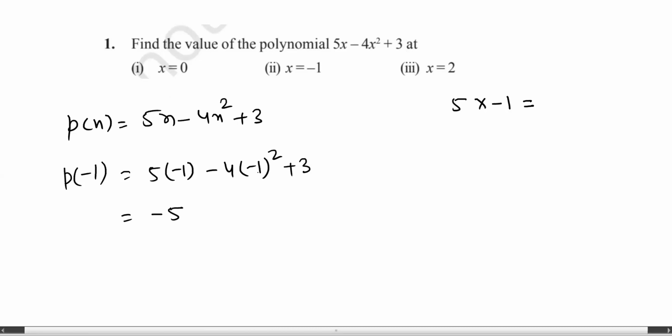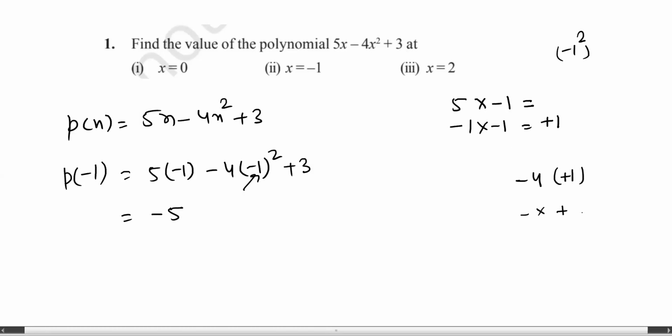And what is the square of -1? +1. Yes, because -1 into -1 gives you +1. And this +1, when multiplied with -4, what will you get?